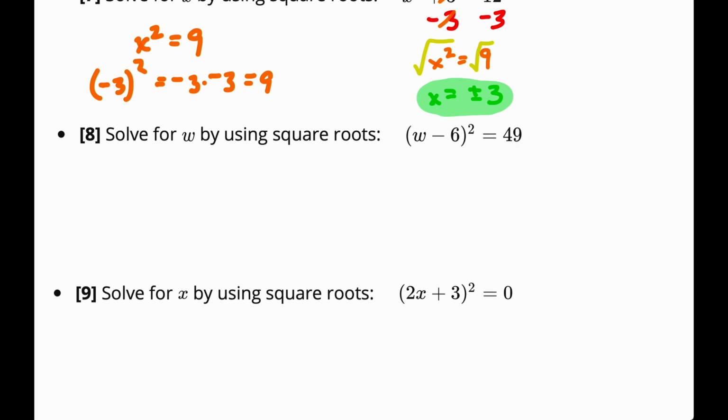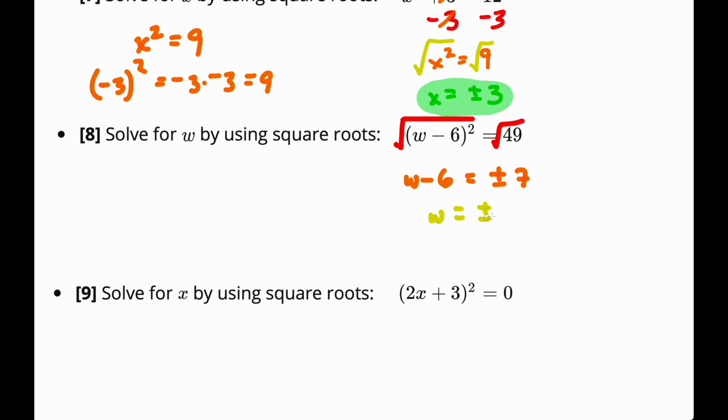Okay, let's do the next one. Solve for w. Okay, so we have that squared already on the left side. So what I'm going to do is take the square root of both sides right away. Okay, and you're going to be left with w minus 6 is equal to plus or minus 7. If you remember the rule, anytime you do a square root, you have to have that plus or minus. Then I'm going to add 6 to both sides.